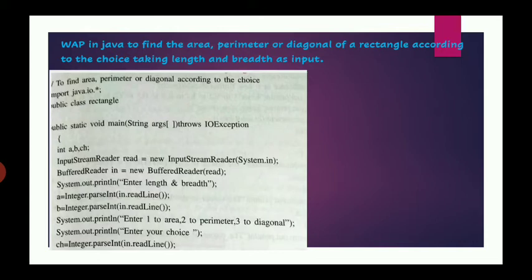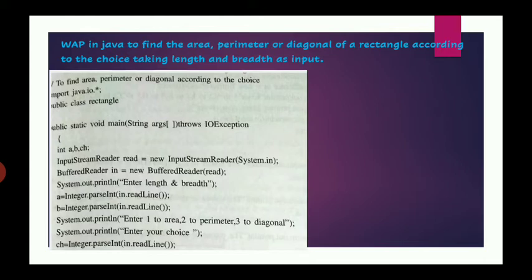So these are the two lines to activate the buffer reader. Then System.out.println, what message you have typed? Enter length and breadth. As length and breadth will be the input, so we are asking the user to enter the value for length and breadth.